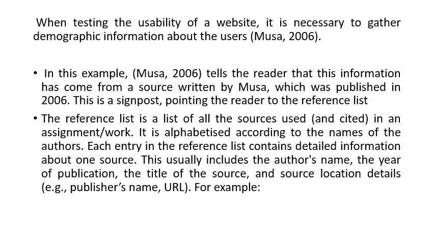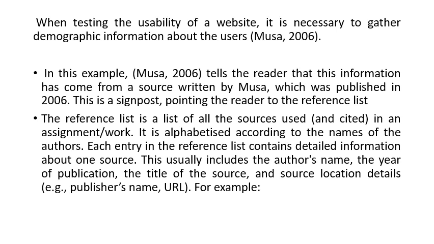Now, in the reference list, the references or the sources are arranged alphabetically according to the author's surname, and each entry in the reference list contains detailed information about one source. This usually includes the author's name, the year of publication, the title of the source, the source's location details, e.g. publishers' names, and URL.